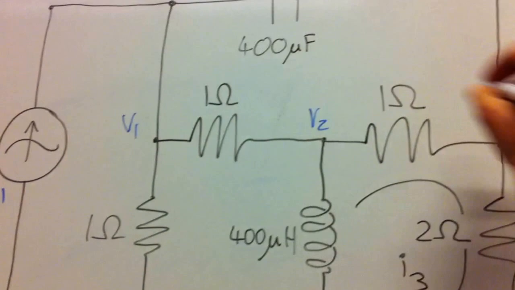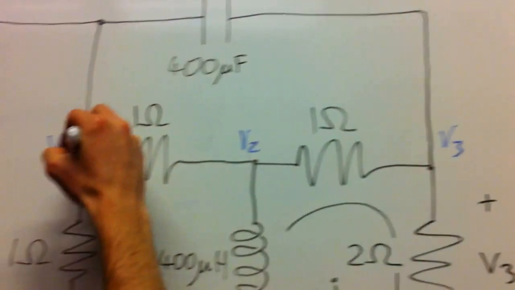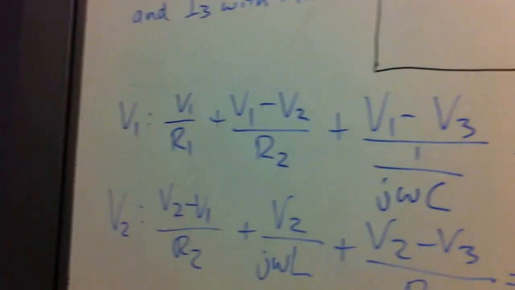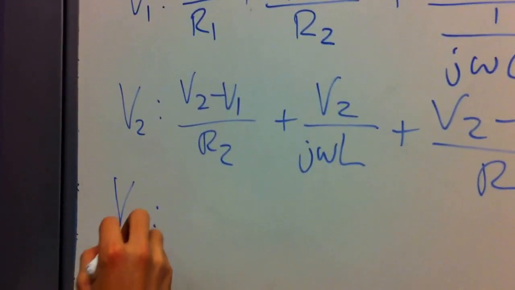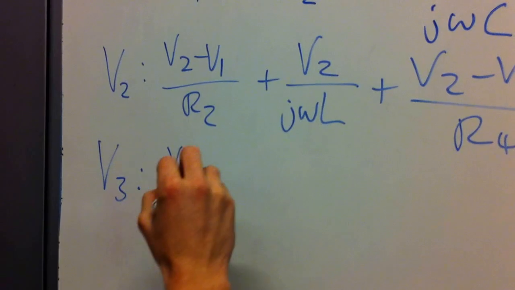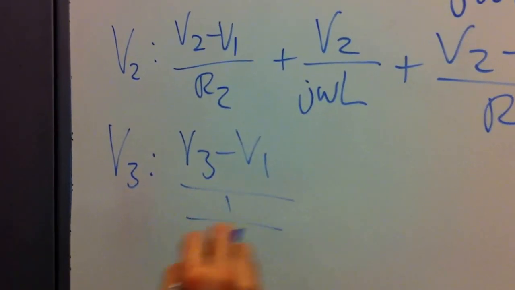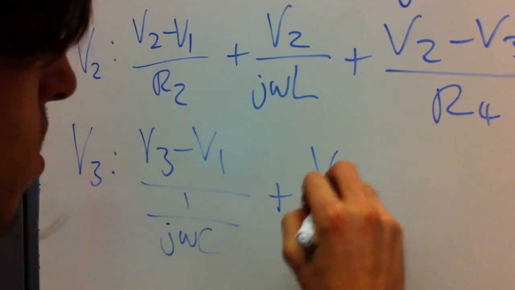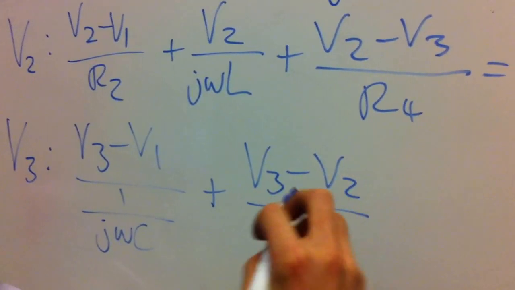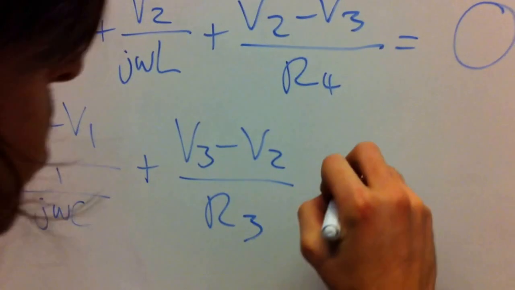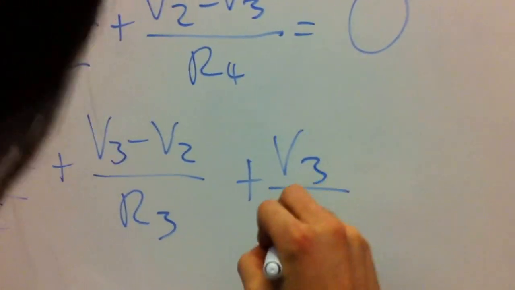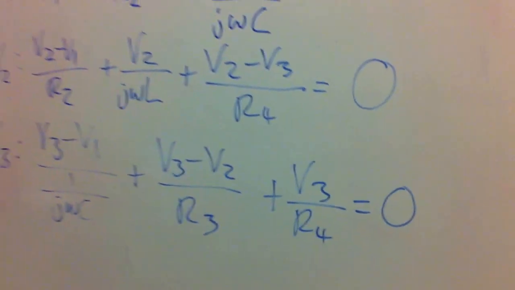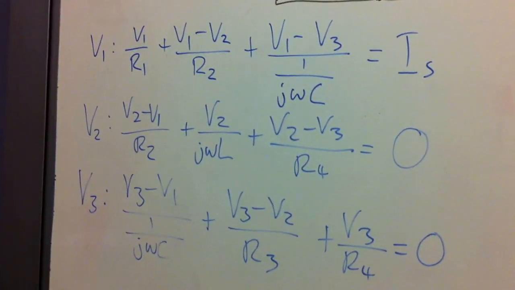V1, V2, V3, and that's a short circuit, so that's also V1. V3 minus V1 equals 0.